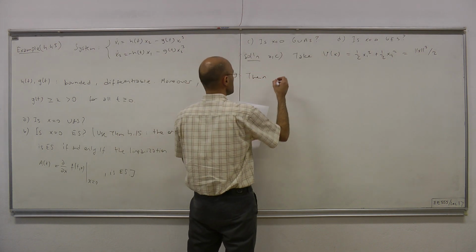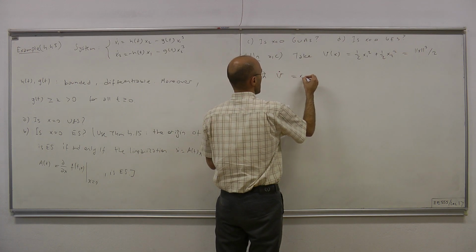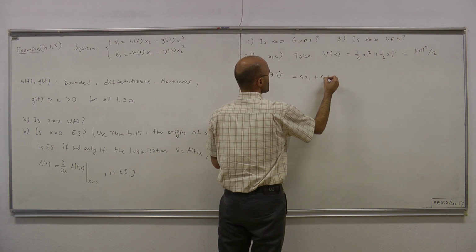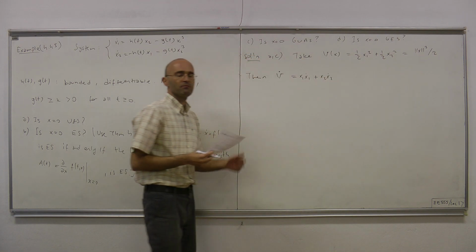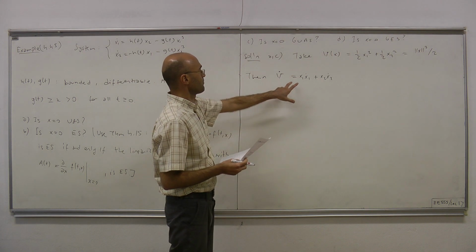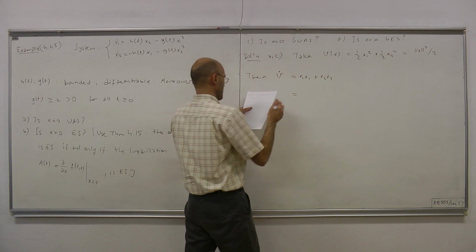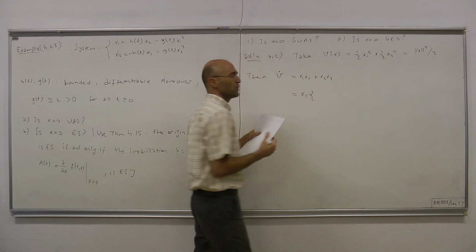That V yields the following: V dot equals x1 dot plus x2 dot. Okay, so that V dot can be written as x1 times... What's x1 dot?